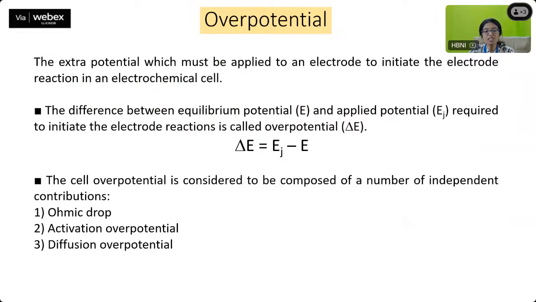So the difference between an equilibrium potential E and the applied potential E required to initiate the electrode reaction is known as the overpotential, as given in this particular equation. There are different contributions coming in to determine the cell overpotential. What are those? One is ohmic drop, the other is activation overpotential, and the other is diffusion overpotential.